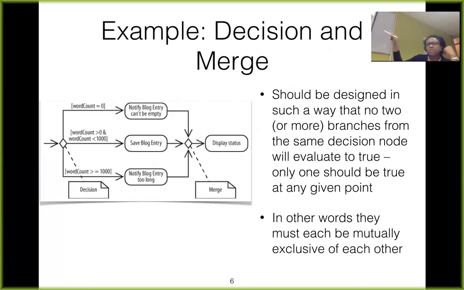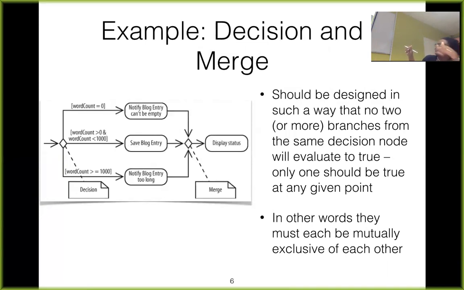They're all mutually exclusive. Either you're at the 0 mark, there's a particular activity that needs to be done, that is notify block entry can't be empty. If the word count lies between 0 and 1,000, not inclusive, you see that? Because there's no equal.